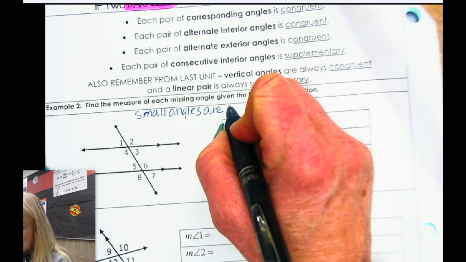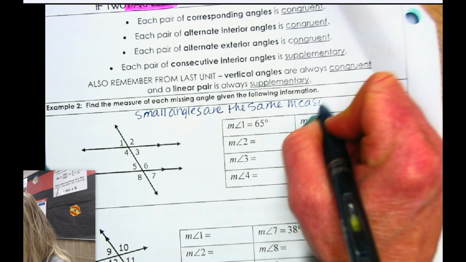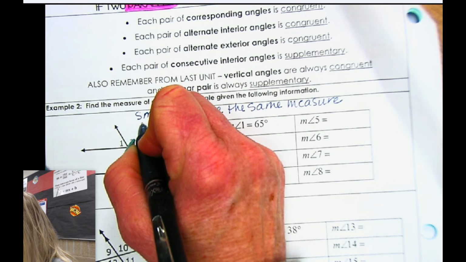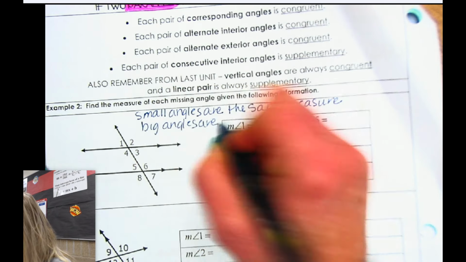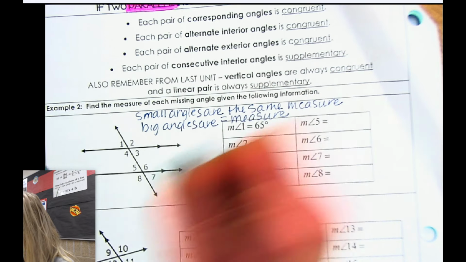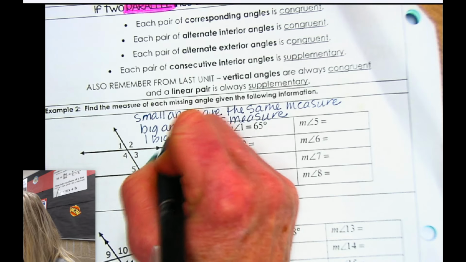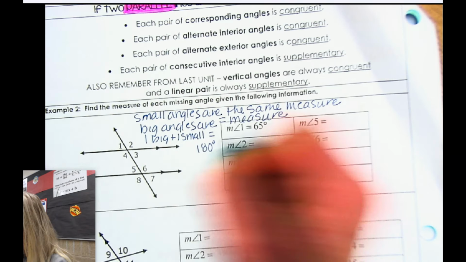So small angles are the same measure, and big angles are equal measure. Just write that. And then one big plus one small equals 180 degrees, if you remember that.